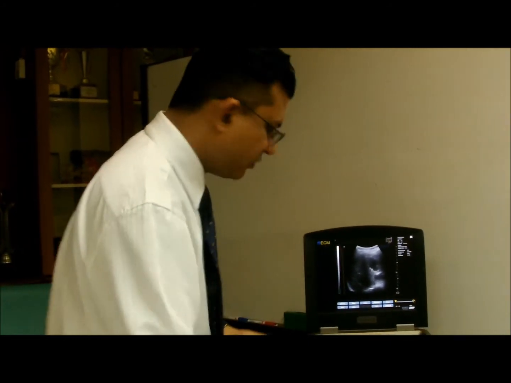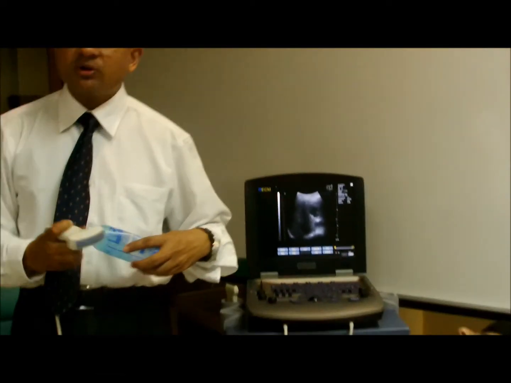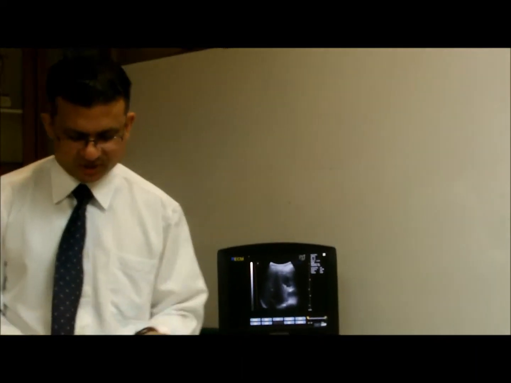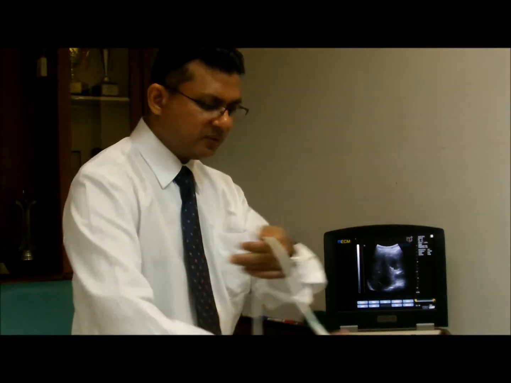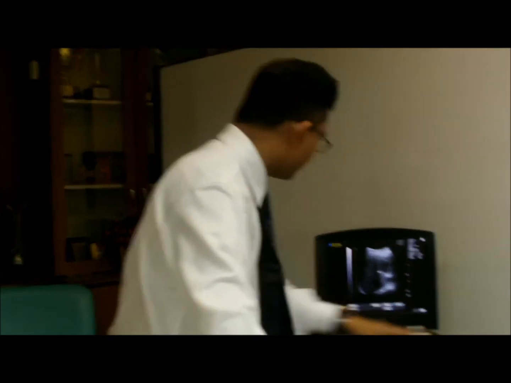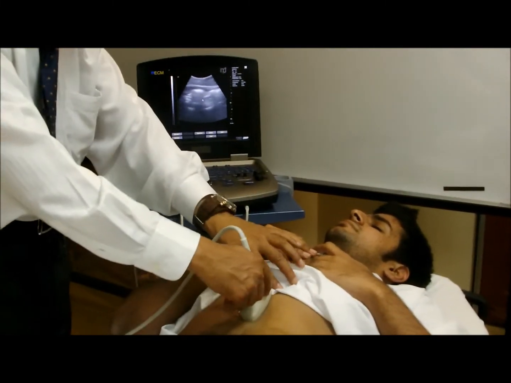Apart from that, we can also explore the bowel, looking for bowel obstruction. Because sometimes we're worried about a perforated gastric ulcer, we put the probe straight like that in a sagittal manner over the epigastrium.